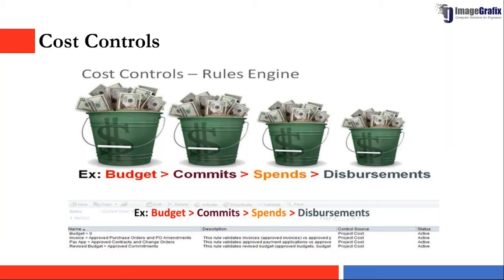This kind of rules engine will be available, and this allows you to control all your cost. So if they want to create more POs or do any PO amendment against a specific budget code that exceeds the cost, they will not be able to do it because the system will not allow them. They need to go for a budget change.